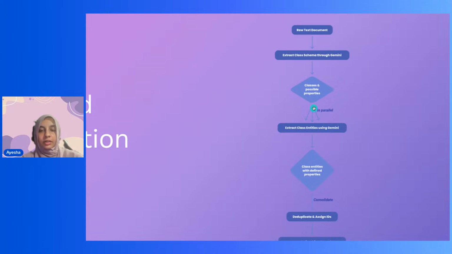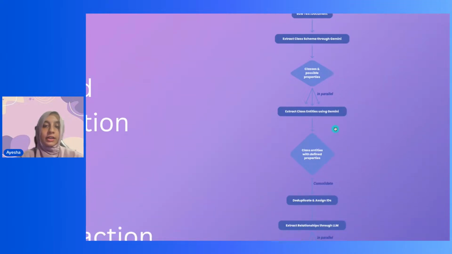Once we have these classes and possible properties defined, we fix a size, and then we chunk our documents into this fixed size, and in parallel we again send these chunks as well as the list of classes to Gemini, which in this pass extracts entities of all of the classes, as well as their properties, whichever are present in the chunks.